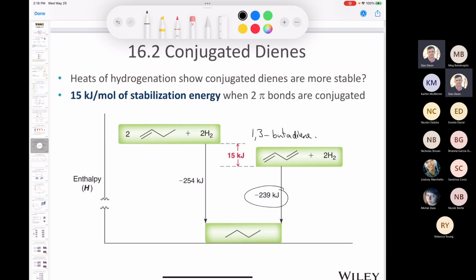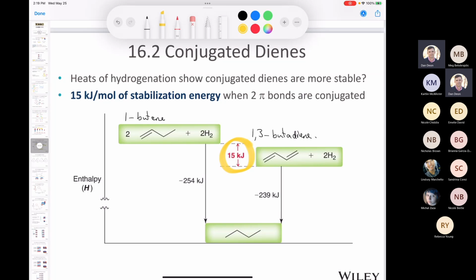Well, if you do the same reaction, so just a hydrogenation, but you do it on 2 molecules of 1-butene, so this is 1-butene, you would expect the heat of hydrogenation to be the same, because all you're doing is the exact same thing. You're just hydrogenating 2 double bonds, but you end up with more heat energy being released, 254 kilojoules per mole. So you see there's a difference of 15 kilojoules per mole.